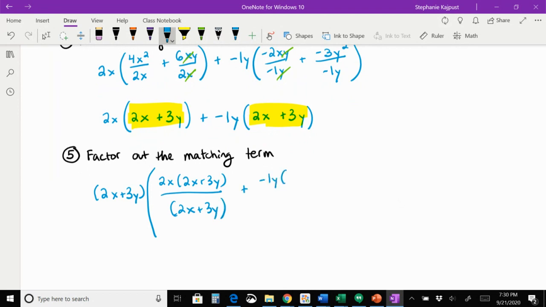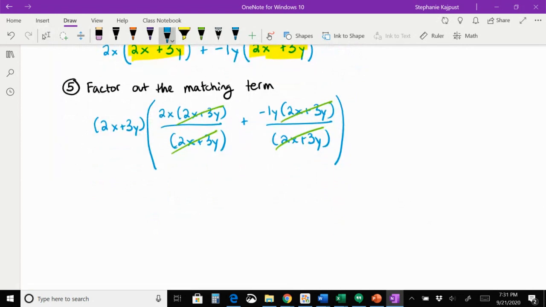So it's kind of like we're doing the process a second time, because we really are, we're factoring out multiple times. And what happens is the parentheses, the term basically in both sets just completely cancels out. And so you're left with 2x plus 3y.